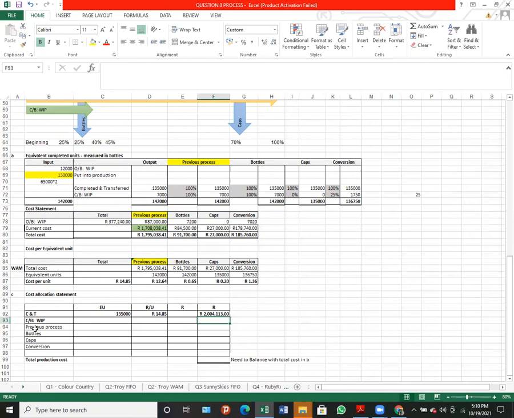Okay, guys, now we are going to calculate the closing work in process, ne? Let's go, guys. Previous, you see, the closing, guys. Previous, you see? Yes. Okay. How many units closing balance? 142. 142.